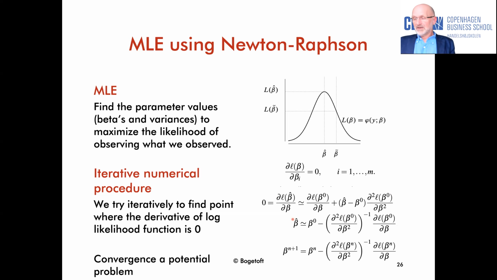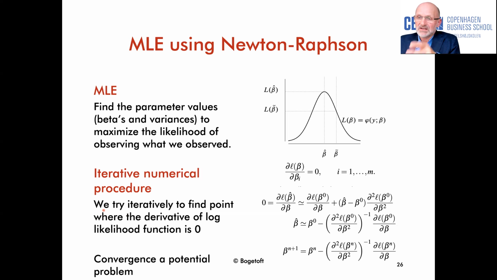You approximate the derivative function: you make a linear approximation at a given point. You assume that holds in the neighborhood of that point, and you assume it holds more globally. Where does that linear function hit the x-axis? That gives you the next starting point for your evaluations. I'll have another picture in the next slide that illustrates that better.